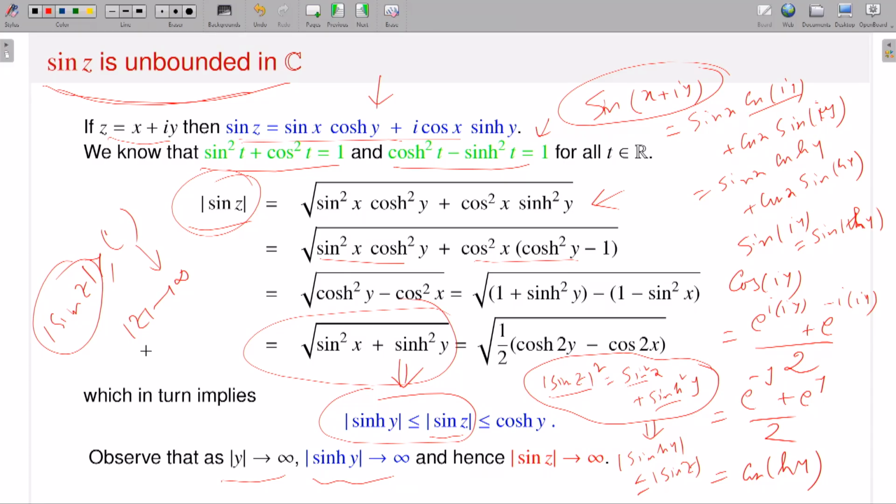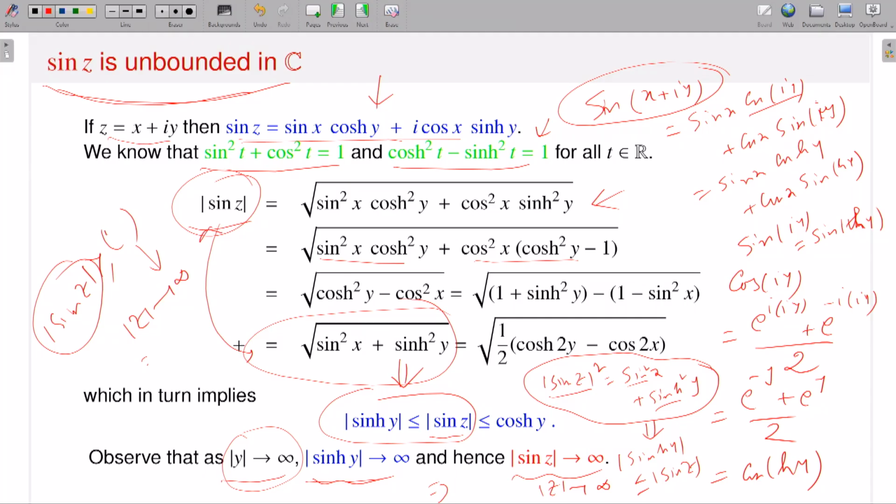So if mod z approaches infinity, sine hyperbolic y approaches infinity, which implies that sine z is taking larger and larger values. Therefore it is actually unbounded. So to prove that, you just need to have this formula. That's it, and you have it.